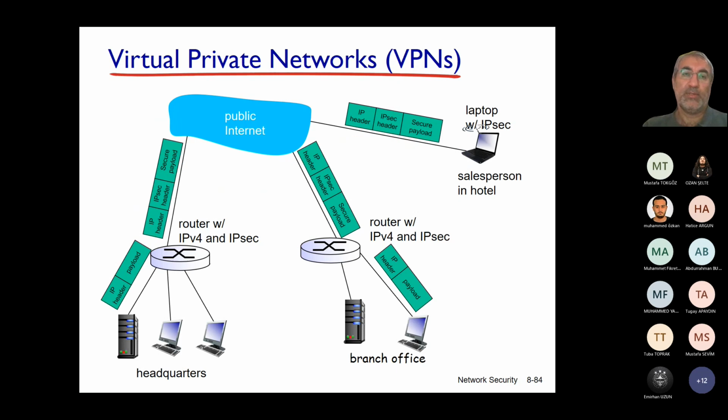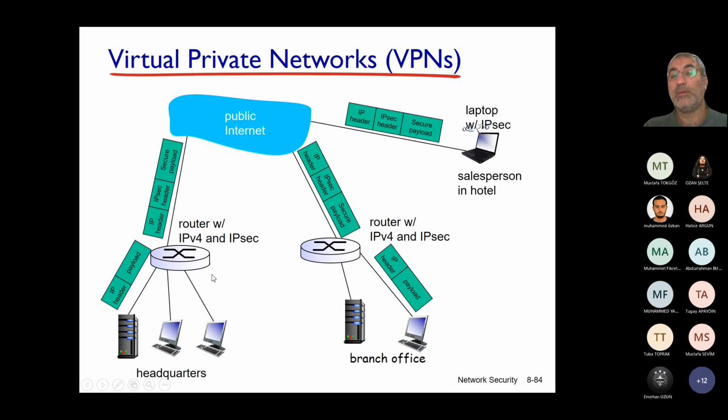So for instance, let's look here. We have a headquarters of the company, some servers, some laptops, and so on. We send an IP packet, which consists of the IP header and the payload. It goes to this special router that has an IPsec feature. So that's why it's expensive.